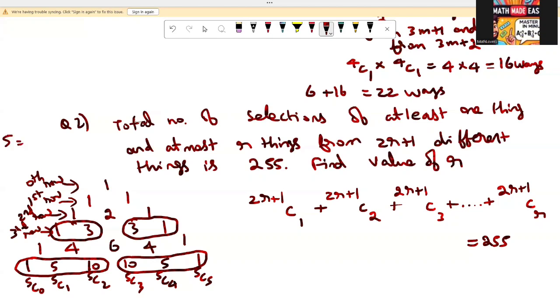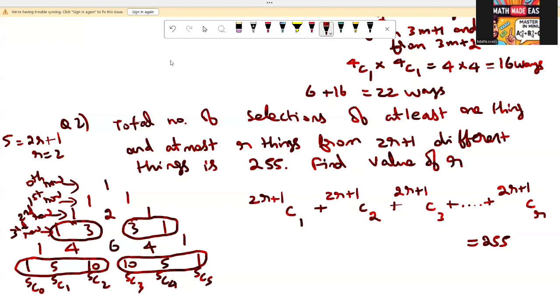If 5 is 2r plus 1, from that we understand r value has to be 2. So exactly at the midway, until the rth position is going to give us half of that row, correct? 2r plus 1 C0, 2r plus 1 C1, until 2r plus 1 C r will be exactly half of that row, followed by the second half.